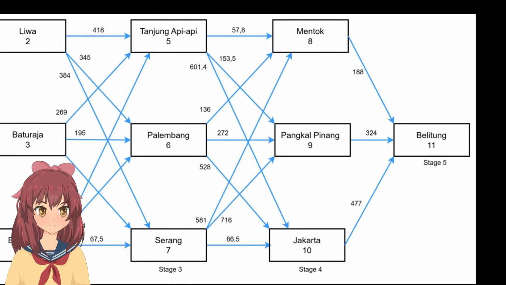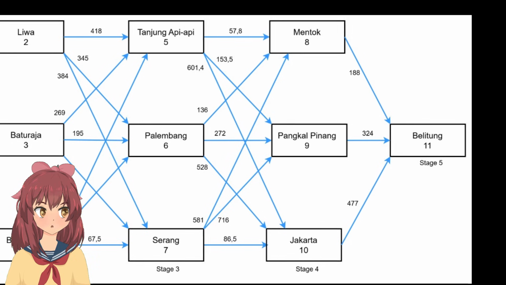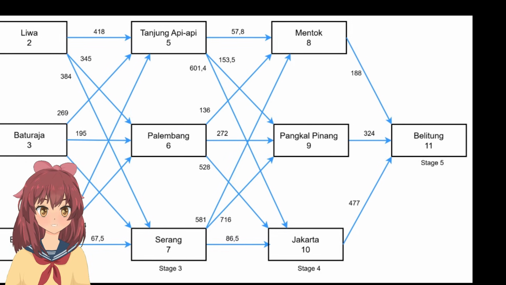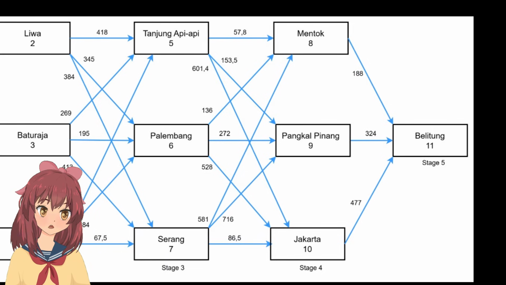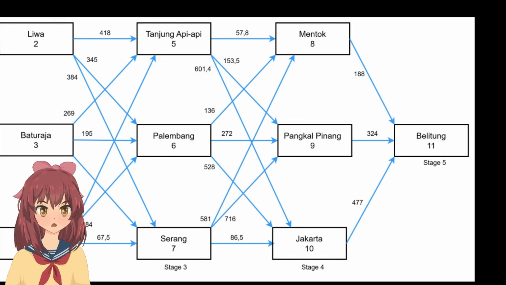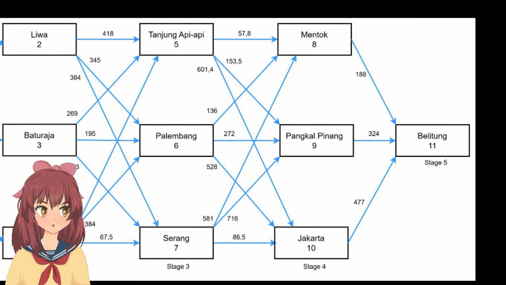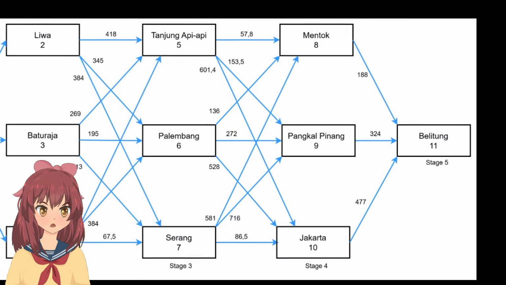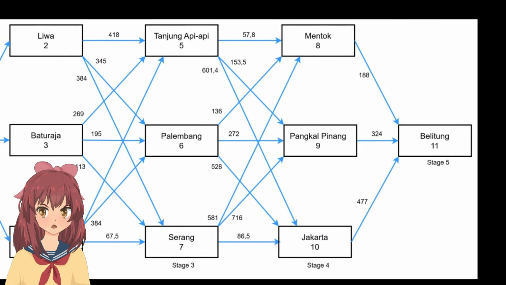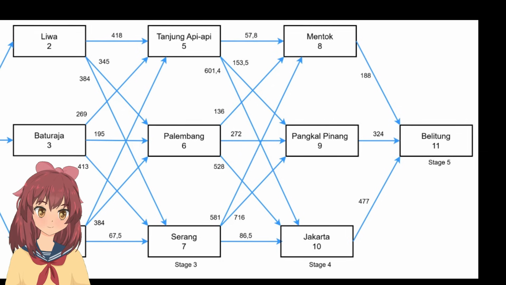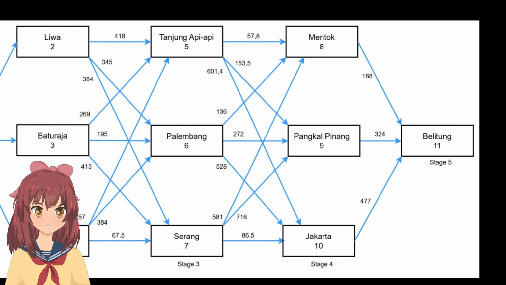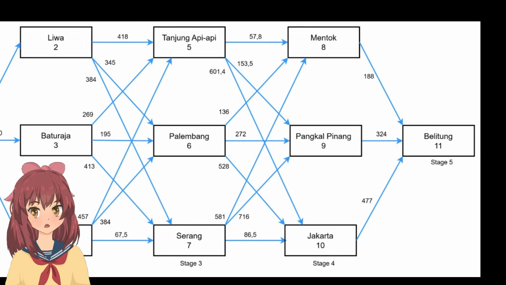From Serang to Mentok, the distance is 581 kilometers, to Pangkal Pinang 716 kilometers, and to Jakarta 86.5 kilometers. Finally, at stage 4, all routes lead to one final destination at stage 5, Belitung.